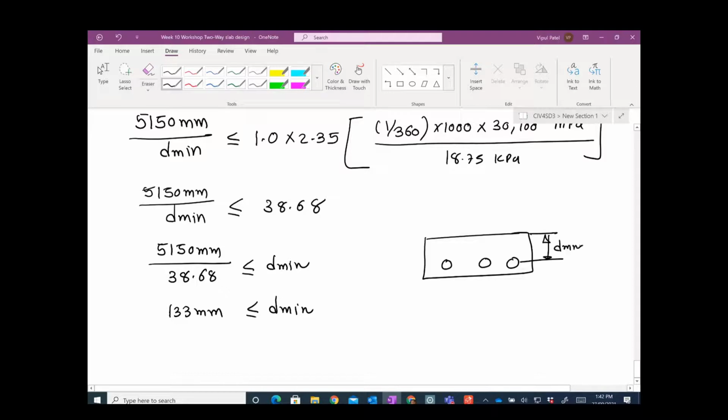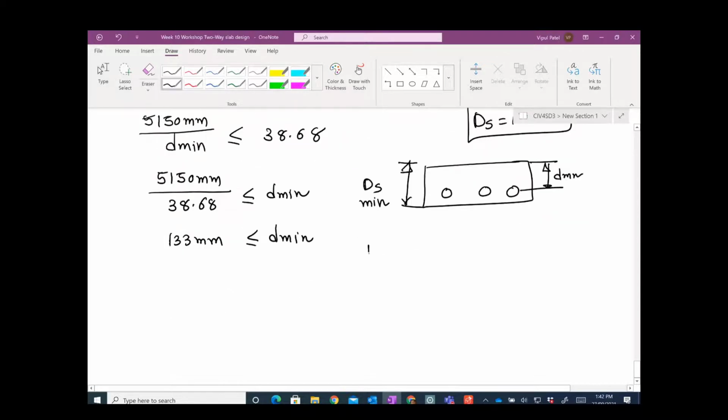Now if I want to calculate the overall depth, because you remember that we have 170 millimeters, right? That was our initial trial. If I want to calculate the minimum from the D minimum, then DS, the overall depth minimum, equals this D minimum plus this.